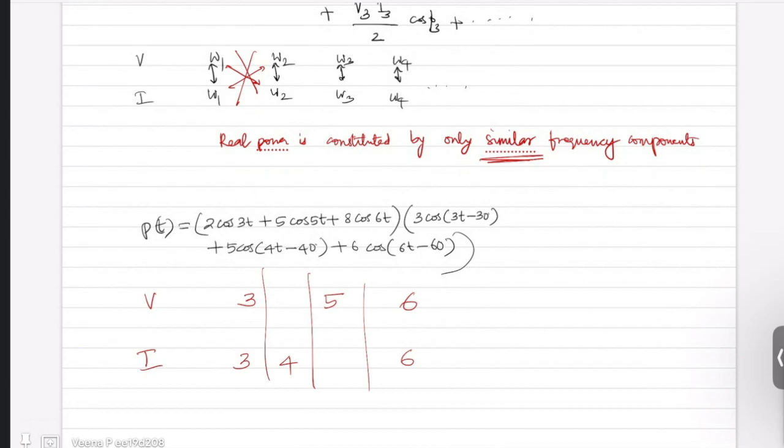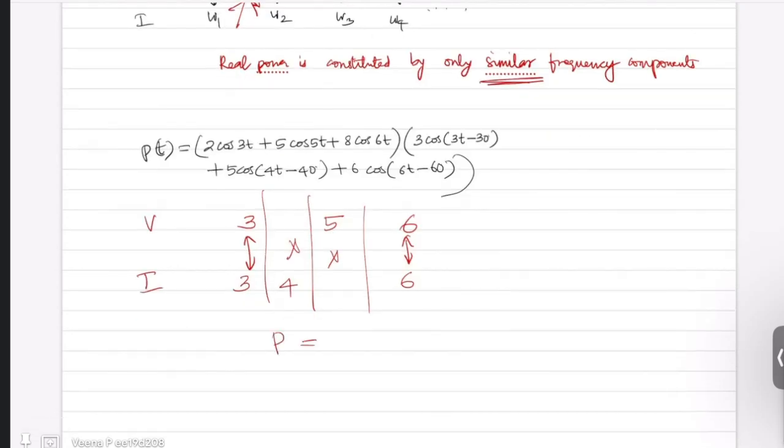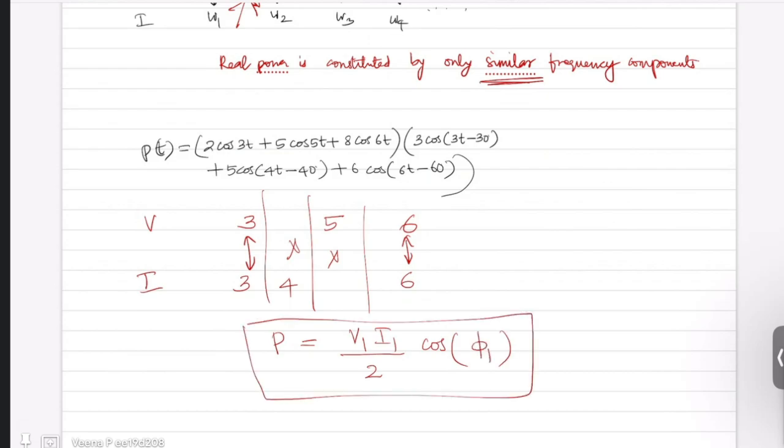So you see that only 3 and 3 and 6 and 6 will contribute to the real power, because 4 is there in current but not in voltage, similarly the fifth harmonic component or 5 omega t is there in V but not in I, so both of them will not contribute anything to the real power. Now the value of this is given by the peak value of both divided by 2 times cosine of the angle between them. So this is the real power equation.